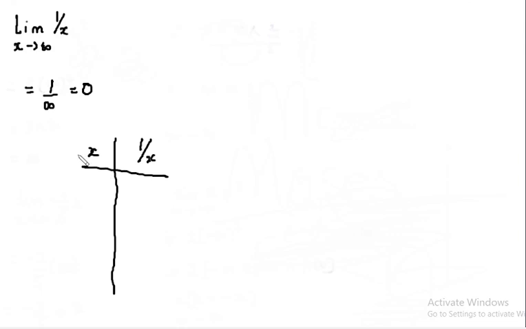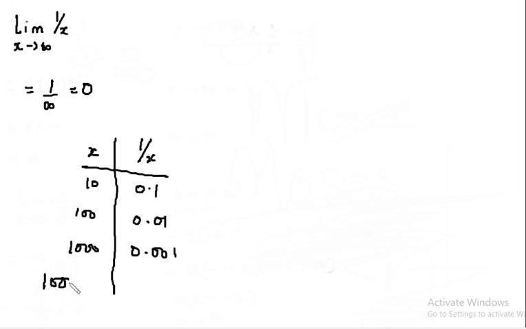Let's say we put in 10. 1 over x will become 0.1, so 1 over 10 is 0.1. If you put in 100, 1 over 100 is 0.01. Put in 1000, 1 over x will be 0.001.